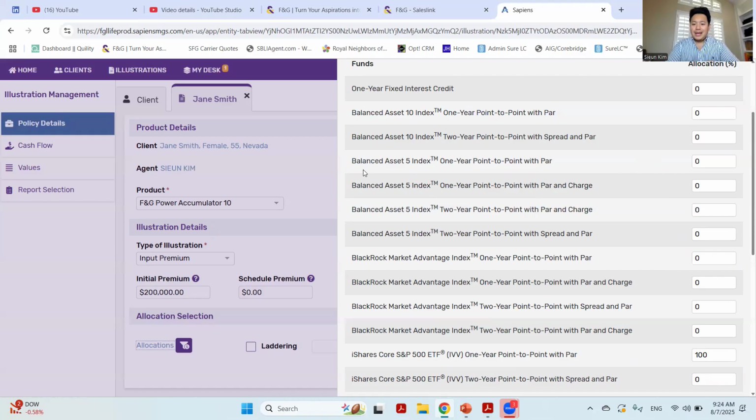As a good one, Balance Asset 5, as you can see, there's 1 year and there's 2 year. And then there is a 1 year regular with participation and 1 year with charge. Charge means the client can pay an extra fee every year to get a bigger return, bigger multiplier.